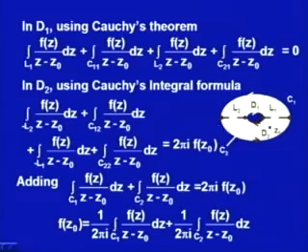Similarly, if you have a more than doubly connected domain, you can extend this formula, and this can be used for evaluation of integrals. I am not doing examples here; I am leaving them for you to do.